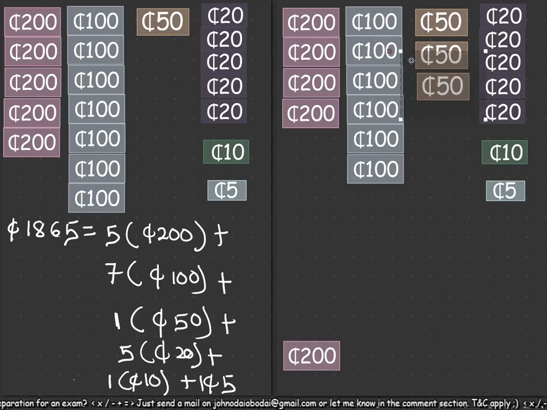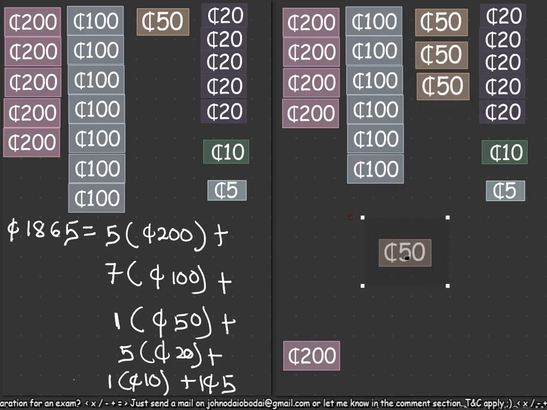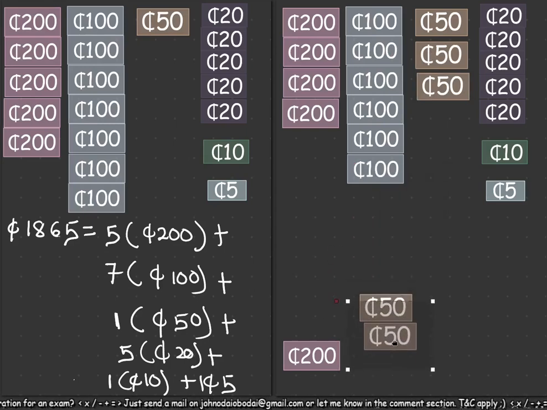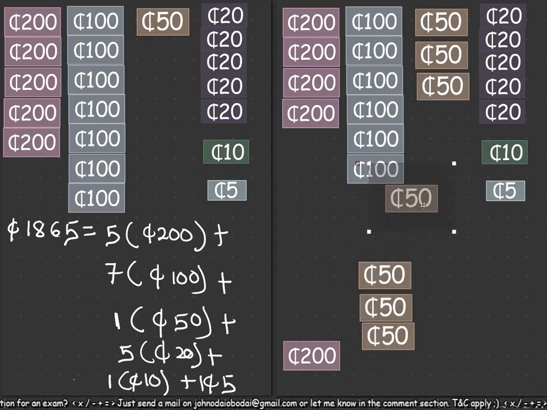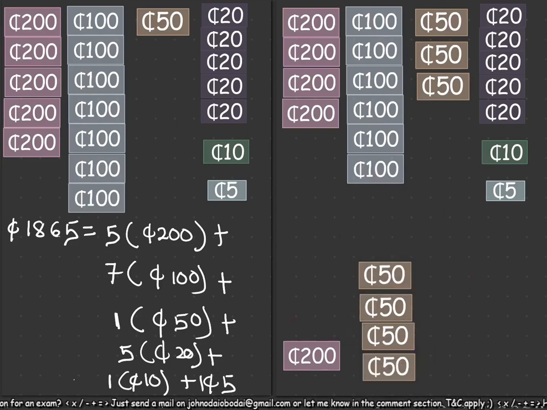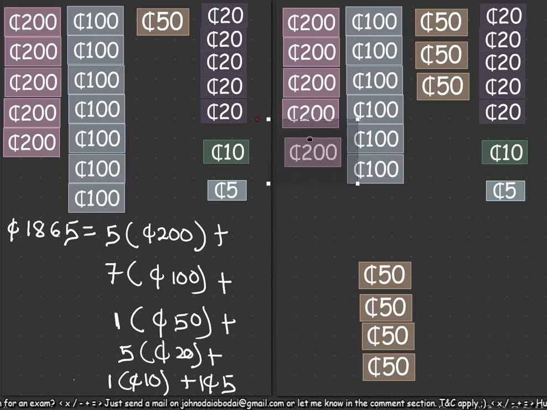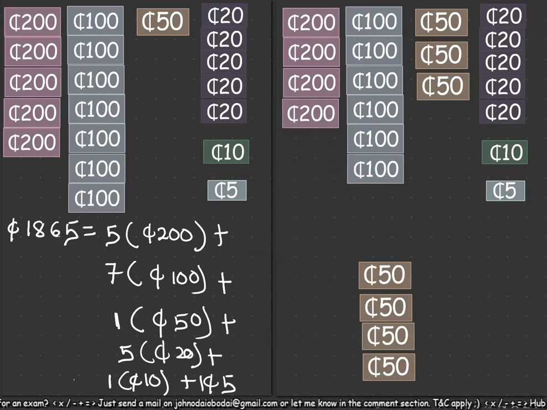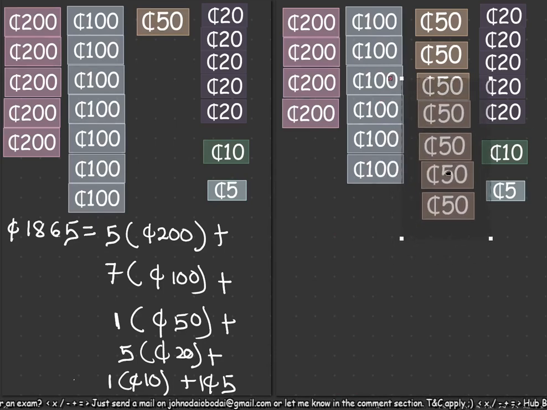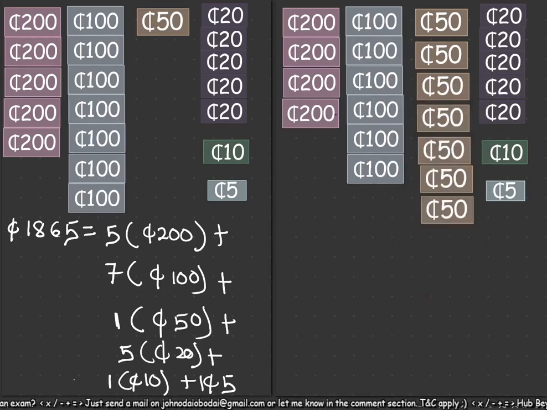So I come here, and then since I know 4 of these gives me the 200, then instead of using this 200 cedis here, I'm just going to delete it and then substitute it with what? 50 cedis. You see, so you can increase and then decrease any of the tokens, but always make sure you are adding the same amount as you are taking away, so that the money doesn't end up increasing or reducing.